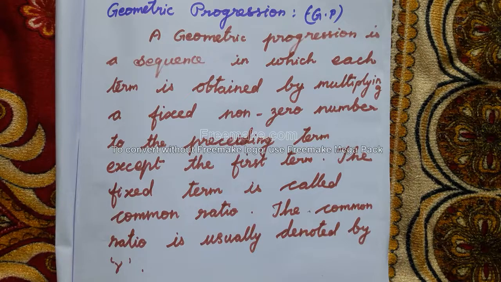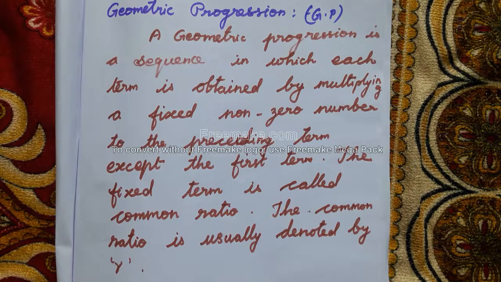This is also a sequence in which each term is obtained by multiplying a fixed non-zero number to the preceding term. Preceding term means the term before.